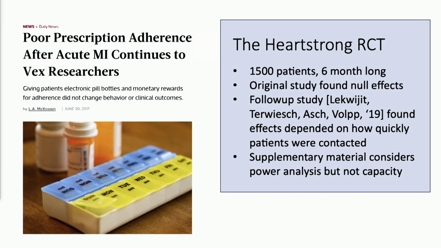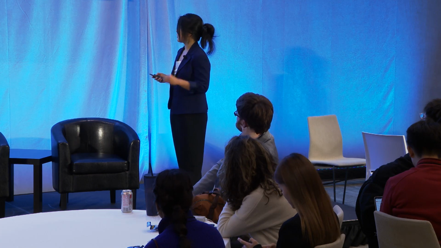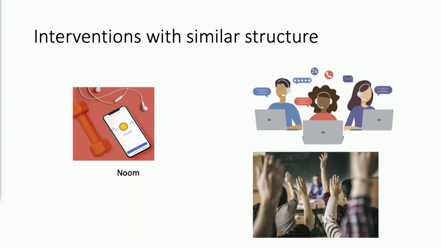We've looked at their supplementary materials, at how they planned their study. They mention a power analysis, but no mention of how to scale up capacity. So again, you really do need to consider this. I'm not trying to hate on this one setting in particular, I'm just saying this is a very common thing.